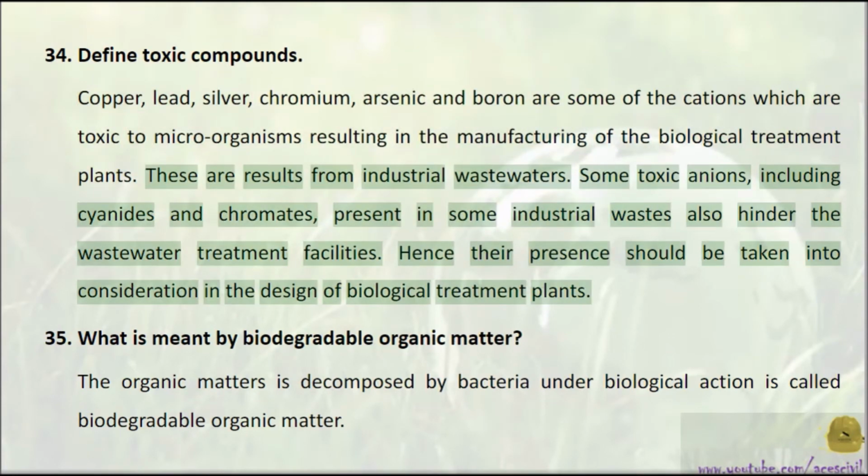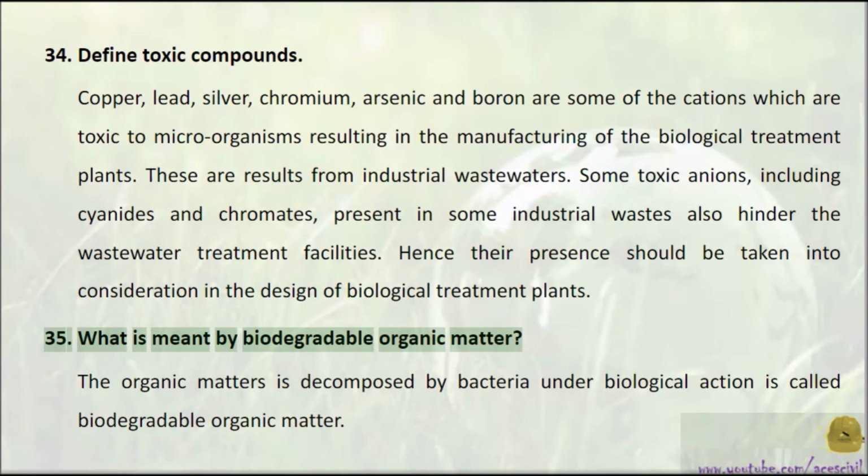These result from industrial wastewaters. Some toxic anions, including cyanides and chromates, present in some industrial wastes also hinder the wastewater treatment facilities. Hence their presence should be taken into consideration in the design of biological treatment plants.